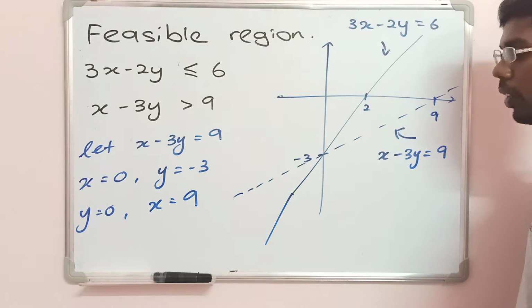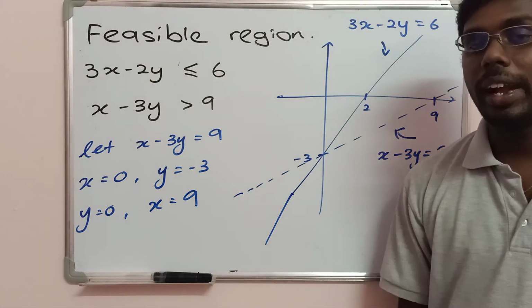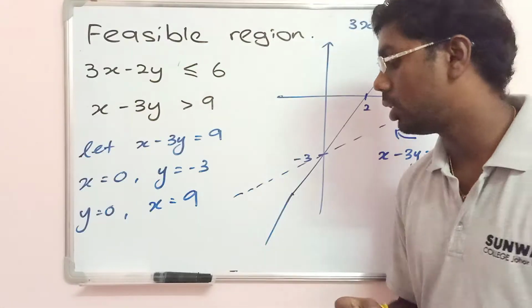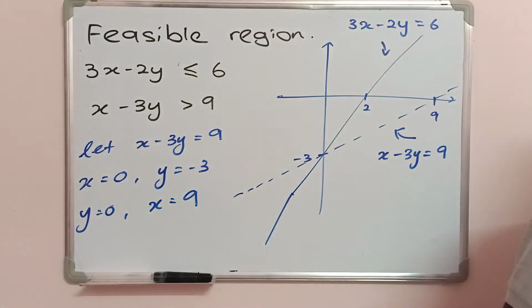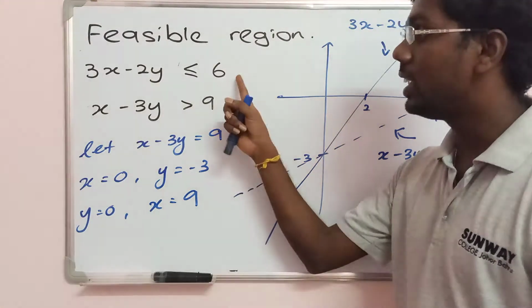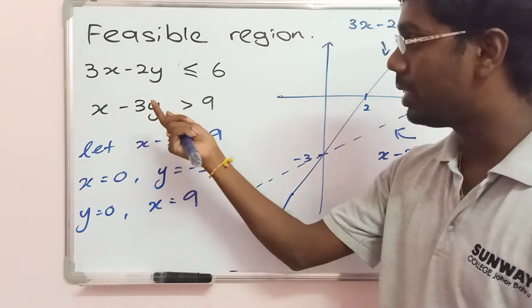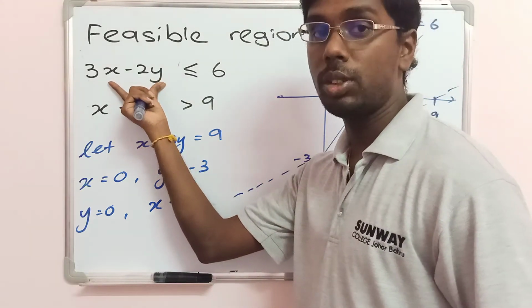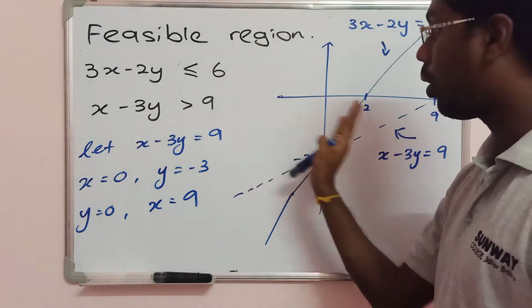Okay, so now we're going to find the feasible region. Where does the region fall, the shaded region? For that we have to rearrange the equations first, because by having it like this, it's very difficult for us to identify whether it's going to be above the line or below the line.